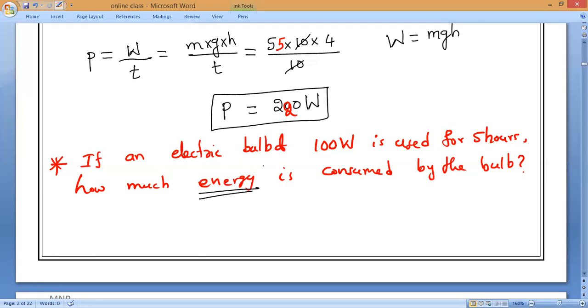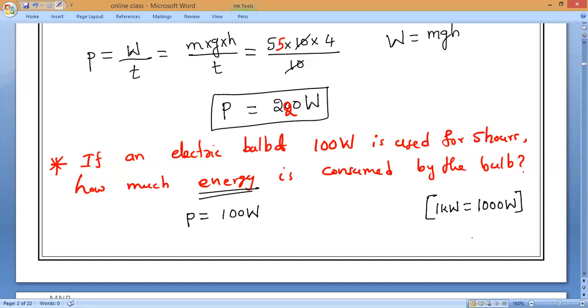Completed? Now, the question given. So, power of the bulb is equals to 100 watt. But we must convert into what? Kilowatt. So, we all know that 1 kilowatt is equals to how many watts? 1000 watts, not 10,000.